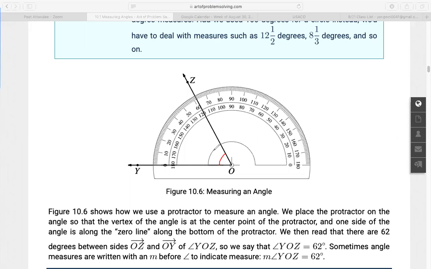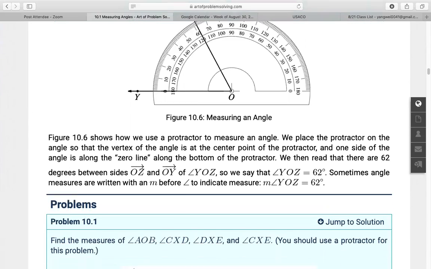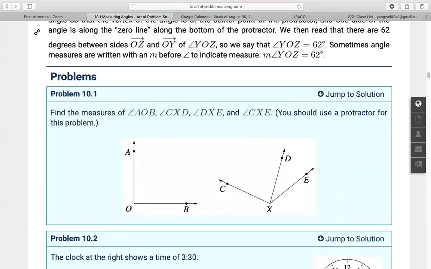Yes, very good. See, this 60, 61, 62 degrees. YOZ equals 62 degrees. Okay, very good. Now you already know how to use a protractor, right?